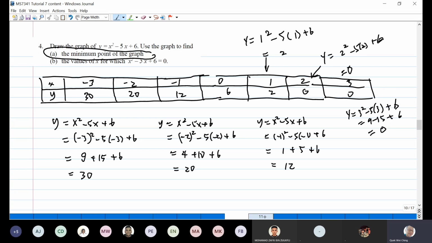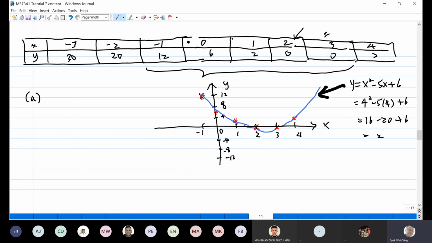If you draw it accurately, you can see that between 2 and 3 it starts to turn. So you can actually find a minimum. I think it's about at 2.5, somewhere in the center.